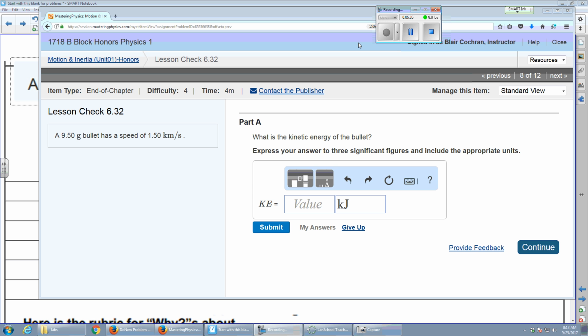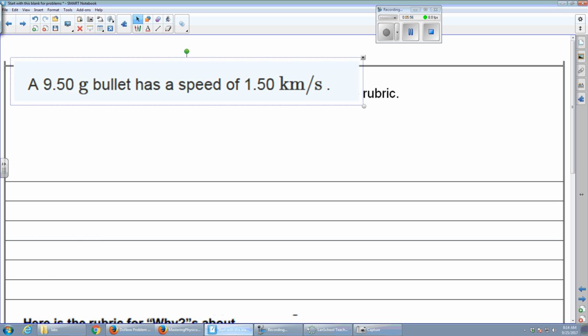What's our base unit for speed? Meters per second. And they give us kilometers per second. Look at the answer, it's in kilojoules. They're messing with our metric knowledge all the way on this one. Remember, if you don't know the prefixes, they're on the back of the equation sheet. That equation sheet is really helpful.